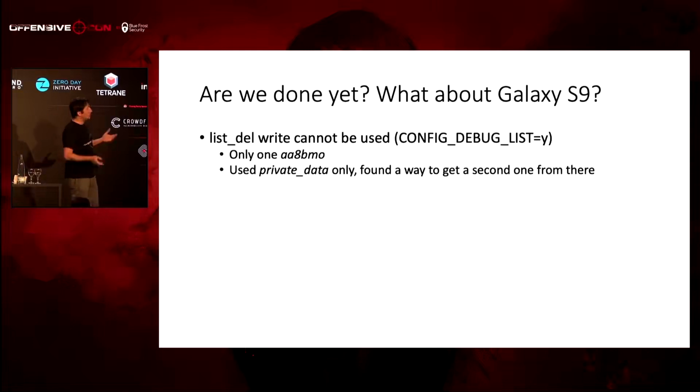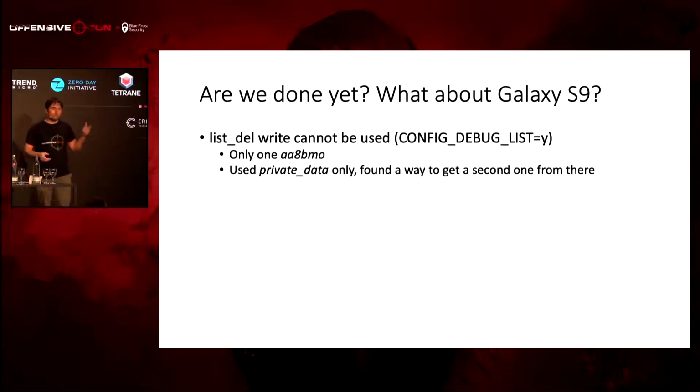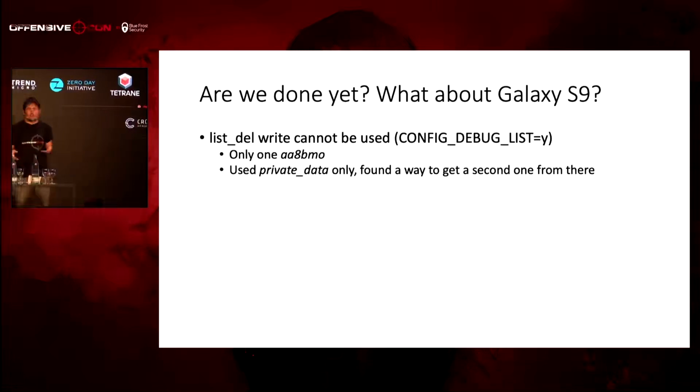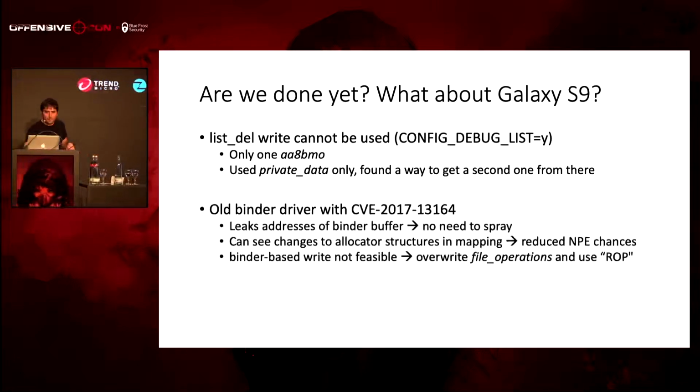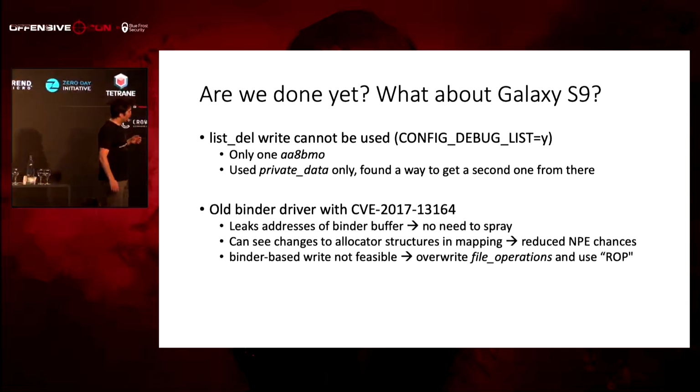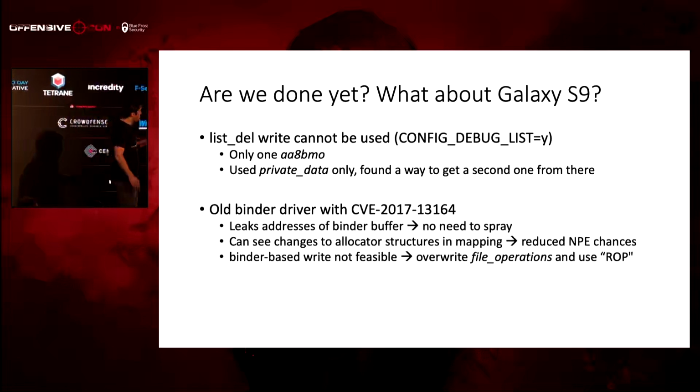Then I use the private data one, so I overwrite private data for a binder file descriptor, and then I figured out a way to make a second arbitrary write from there, and then corrupt further things and get to the same spot. And then another complication is that it was using an old driver, CVE-2017-13164.